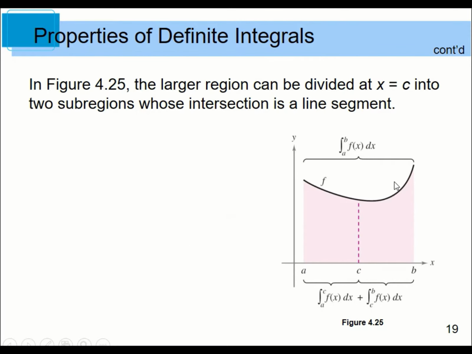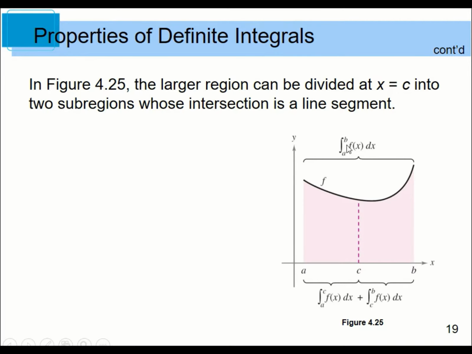Let's take a look at this example. When we integrate the function f from a to c, we get this area. When we integrate from c to b, we will get this area.